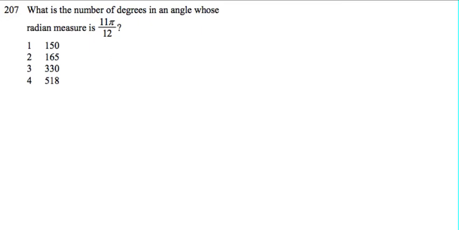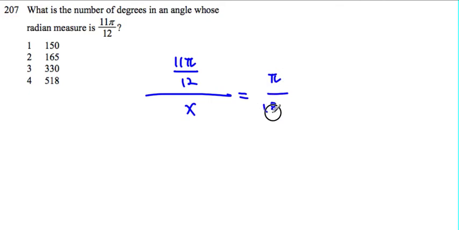All right, let us look at number 207. We want to find the degree measure. So here we get 11 pi over 12 all over x must be equal to pi over 180. Once again cross multiply, we get pi x is equal to 180 times 11 pi over 12.